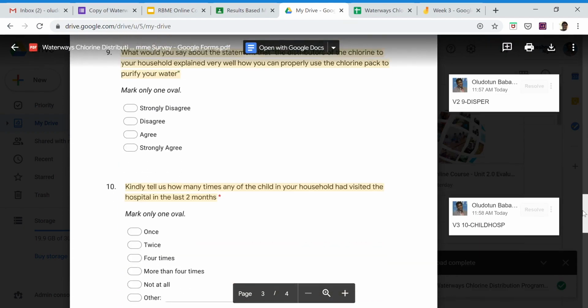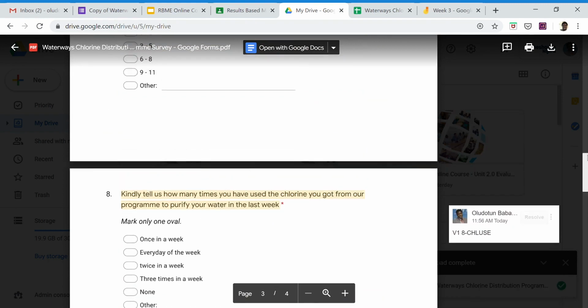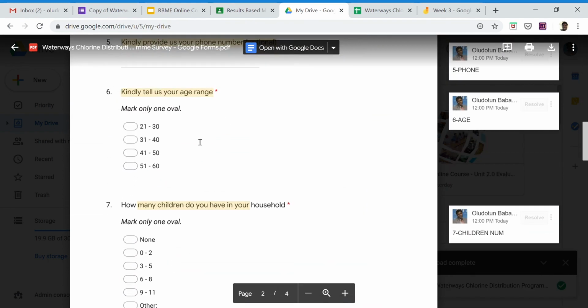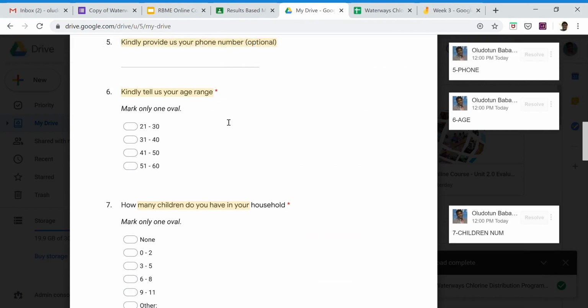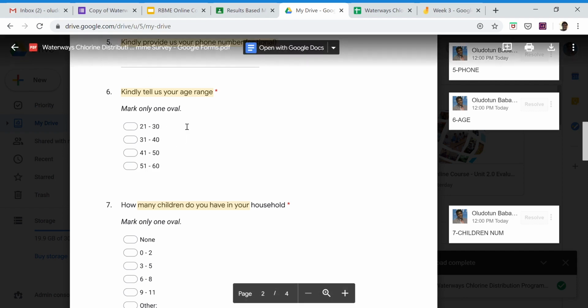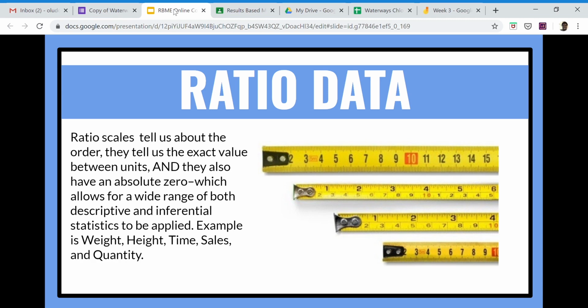Those are the two skills that you actually have within this questionnaire. That's how we differentiate for different kinds of skill. The ratio one is related to continuous data. It has an absolute zero. They are not in whole numbers.